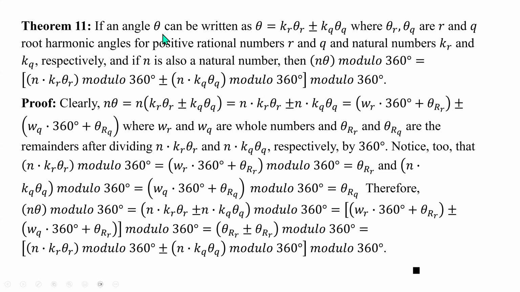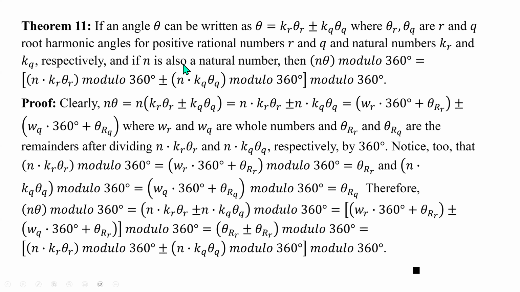Theorem 11. If an angle theta can be written as theta equal to k sub r times theta sub r plus or minus k sub q times theta sub q, where theta sub r, theta sub q are r and q root harmonic angles for positive rational numbers r and q, and natural numbers k sub r and k sub q, respectively.